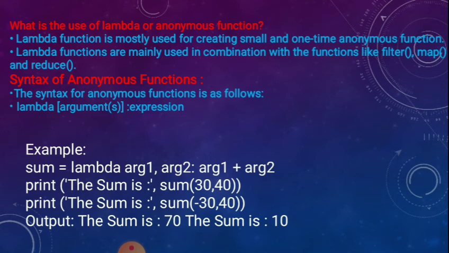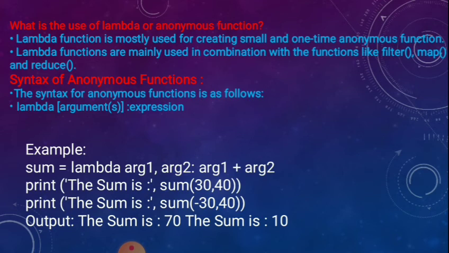The next line, print the sum is sum of 30, 40. Here the values 30 and 40 will be passed to arguments 1 and 2, then the value of 30 plus 40 will be calculated, and printed as output: the sum is 70.